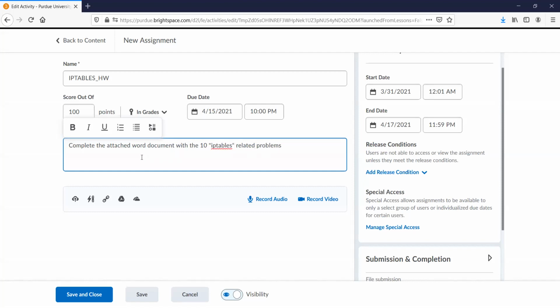All right, so complete the attached Word document with the 10 IP tables related problems. Okay, so I think that's clear enough, I hope. Complete the attached Word document with the 10 IP tables related problems. Okay, so that should be clear enough.